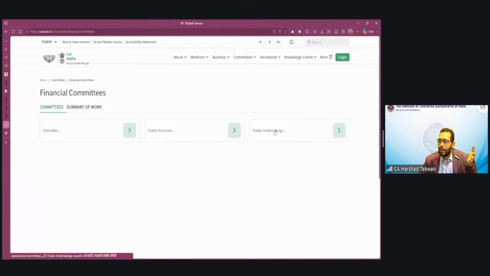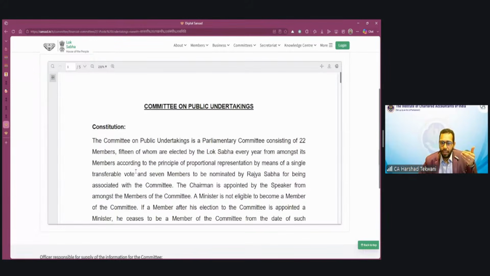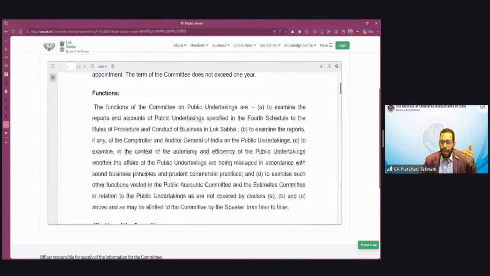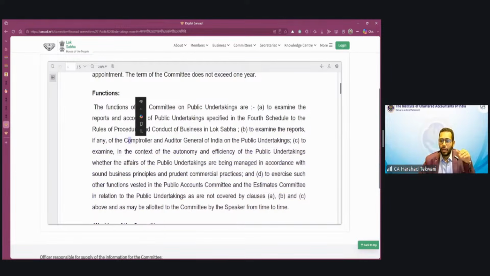The third financial committee is the public undertakings committee. This committee basically has a few functions. One, to examine the reports of public undertakings specified in the Fourth Schedule, with respect to aspects apart from the estimates. To examine the reports, if any, of the Comptroller and Auditor General on the public undertakings.